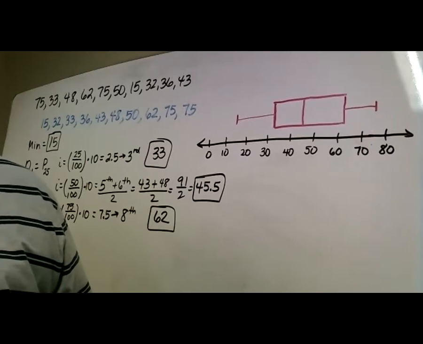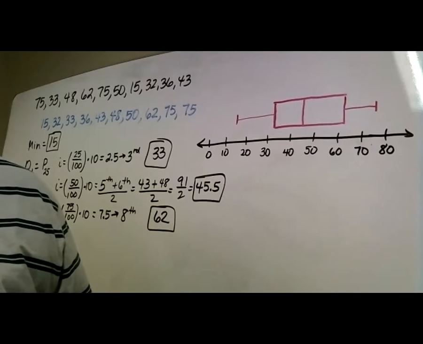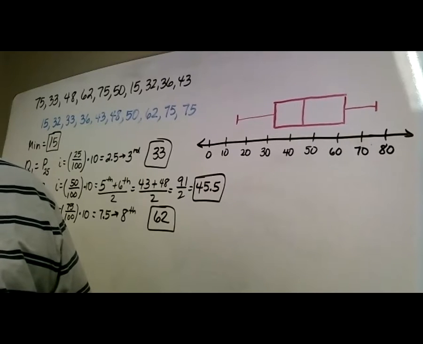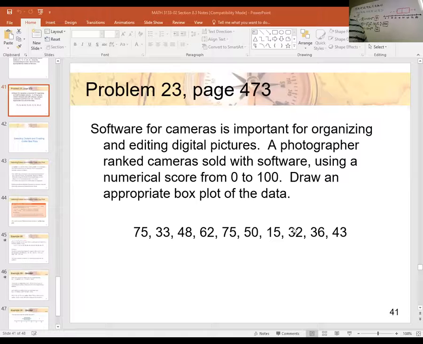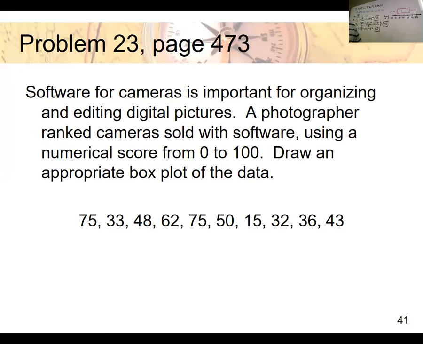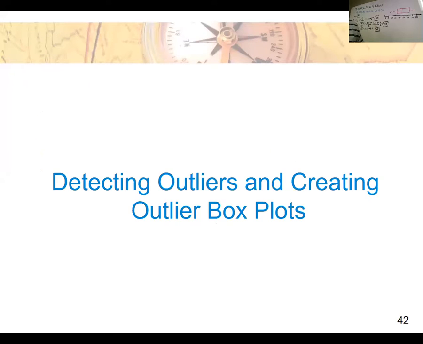All right, now there is another type of box plot that we will look at in this section. We're going to try to detect outliers and create outlier box plots.